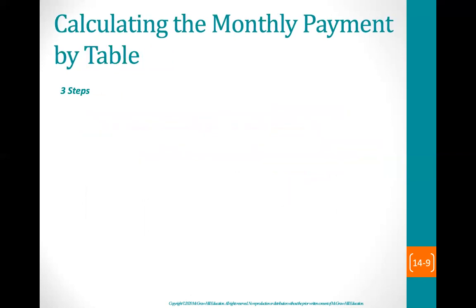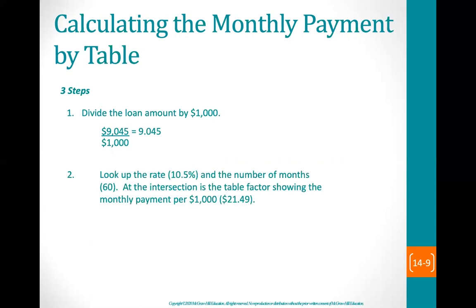You can also calculate the monthly payment by table lookup. The 3 steps are: divide the loan amount by 1,000. In our example, we borrowed $9,045, so $9,045 divided by 1,000 is 9.045. Look up the rate, 10.5%, and the number of months, 60.